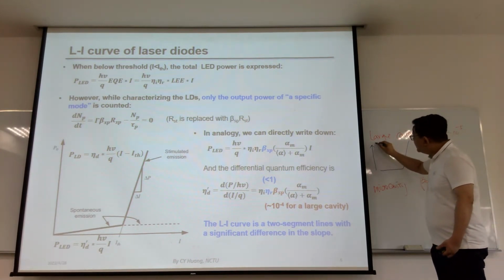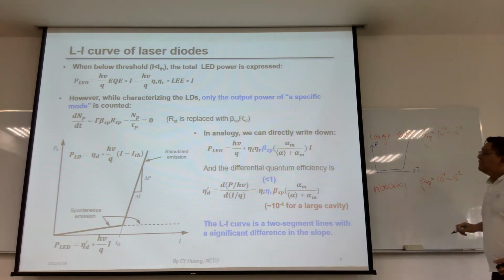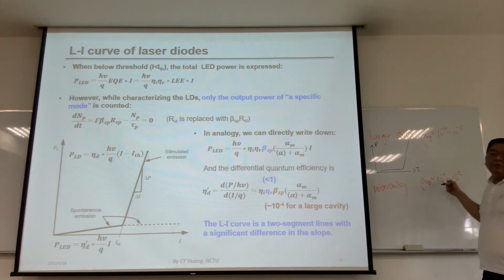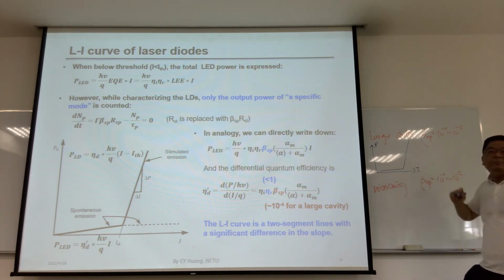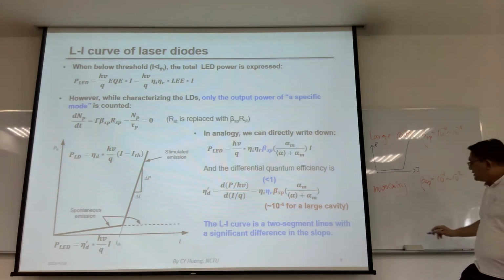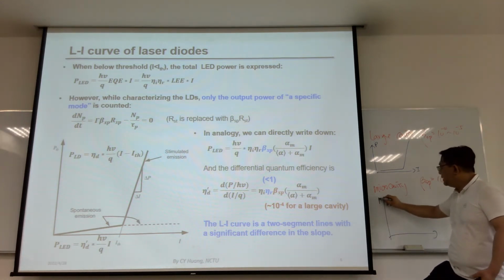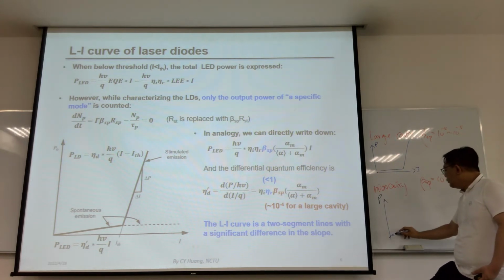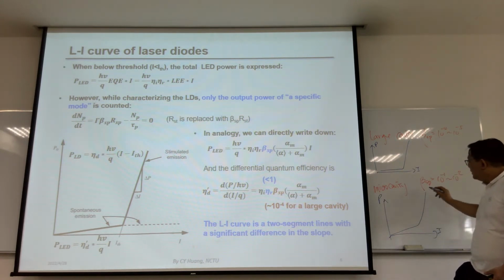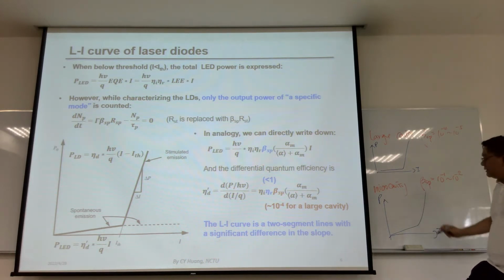So this is P and this is I. But for a microcavity laser, probably this is only 1/10. So the transition here will not be so obvious. It might look like this. It is P and it is I. It might be a little weak at first, but you will see something like this. The transition will be smoother.